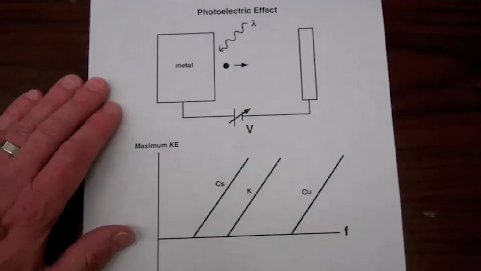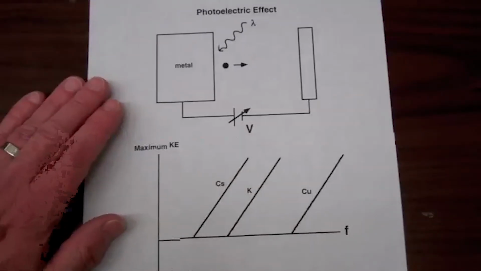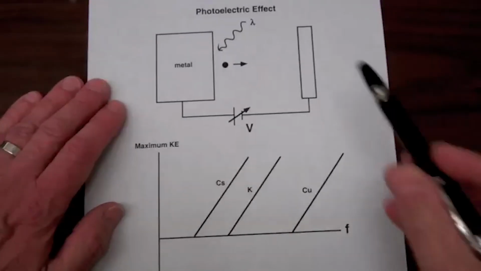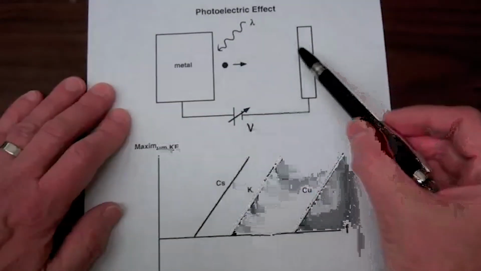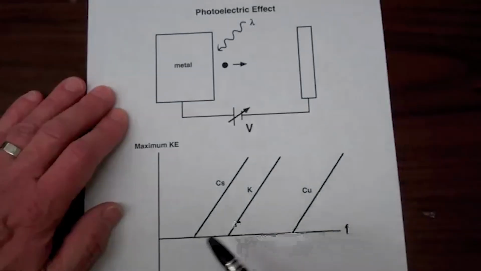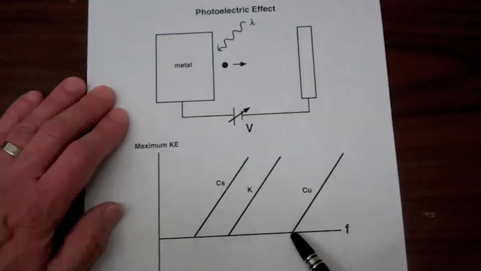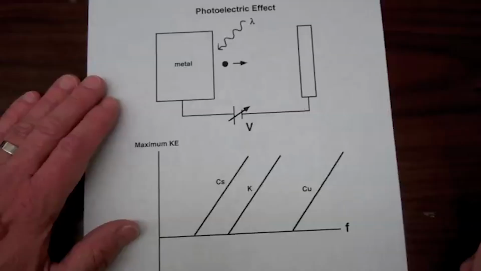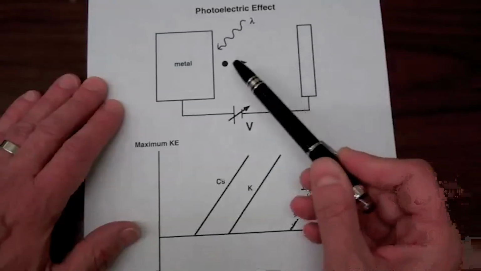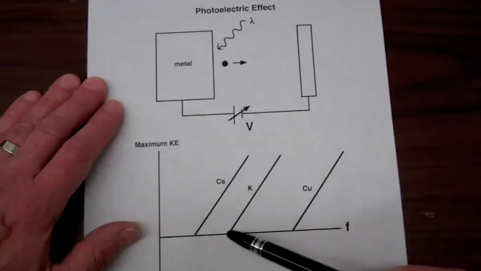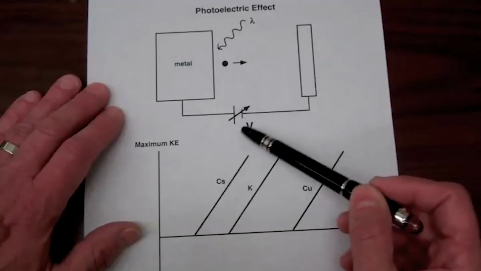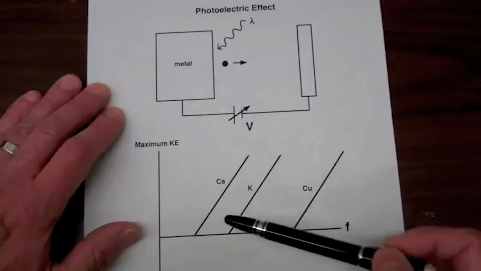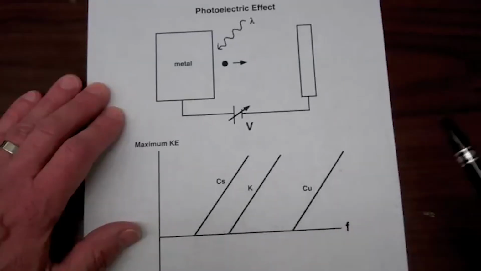Another puzzle with the photoelectric effect was the behavior with the frequency of the light. For a given metal, there was a minimum frequency before a photocurrent would be observed, and that frequency depended on the metal. Further, as the frequency increased beyond the frequency where you first observed a photocurrent, the voltage required to shut off the photocurrent increased linearly with the frequency.